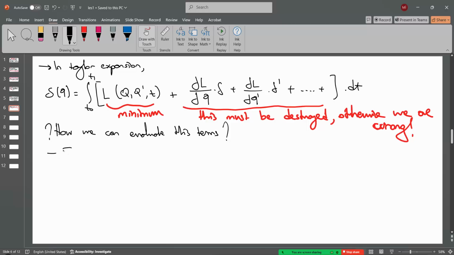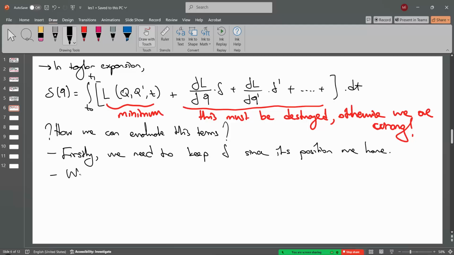Firstly, we need to give this condition. We need to keep the delta term since its position we have, right?